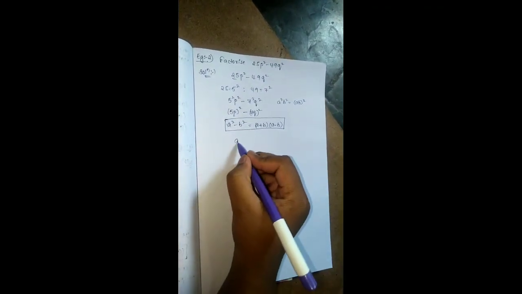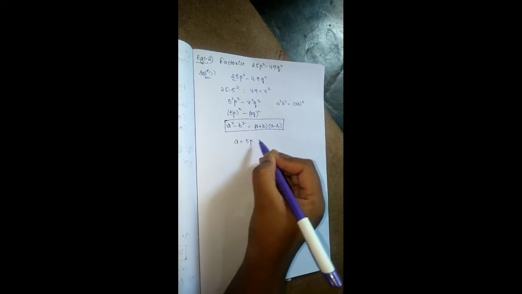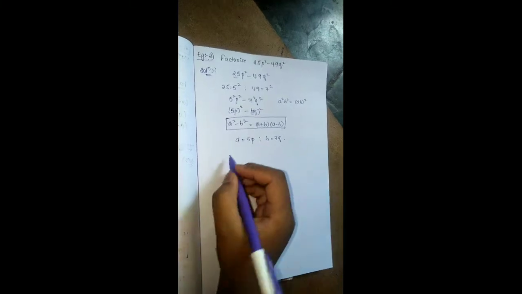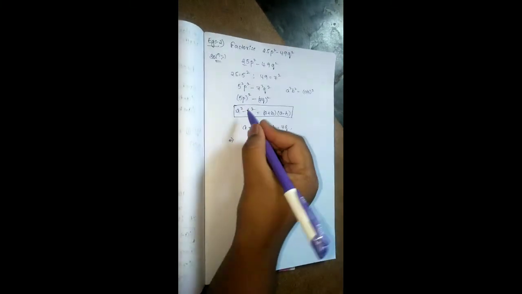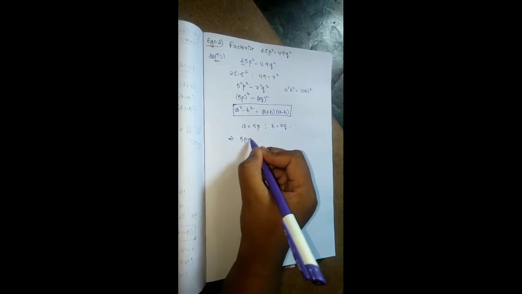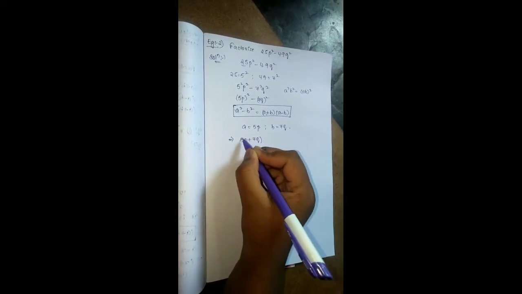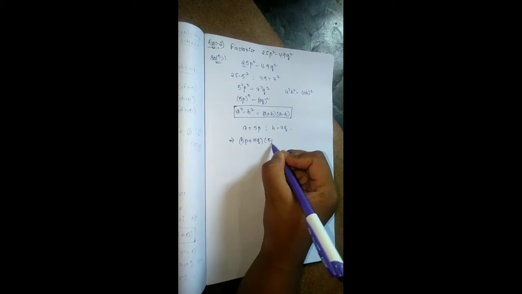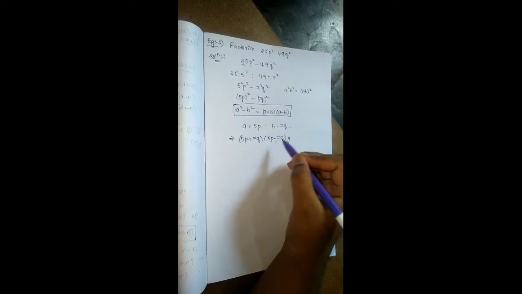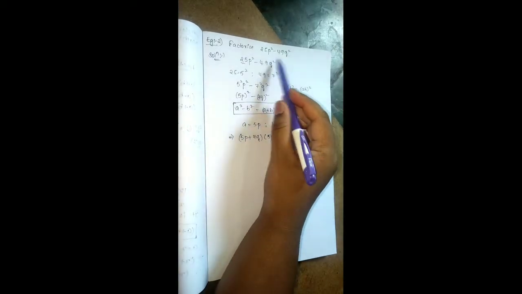So here a equals 5p and b equals 7q. Then we substitute in this formula, and we have (5p plus 7q) and (5p minus 7q). So this is our final answer, and these are the factors of this expression.